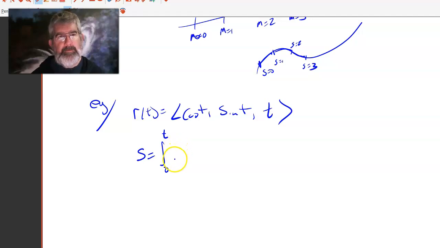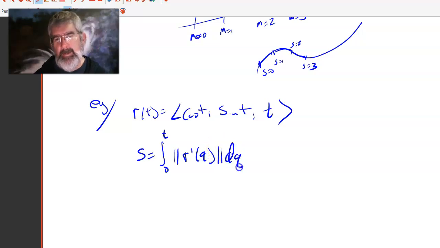Then this would be the length of r prime of, I'm going to use a dummy variable here because I want the t to be in the limit there. Take the derivative of r, take the length of that, integrate it, and then plug a t in and plug a 0 in and subtract. And then you will have the arc length as a function of t, right?